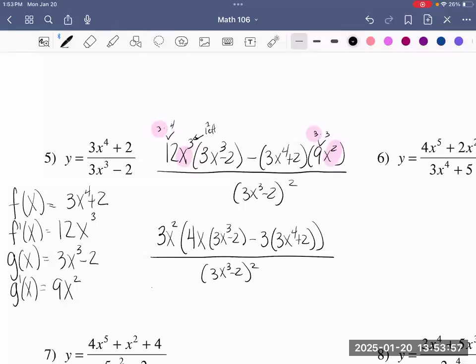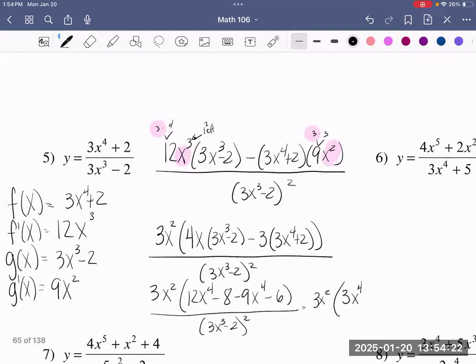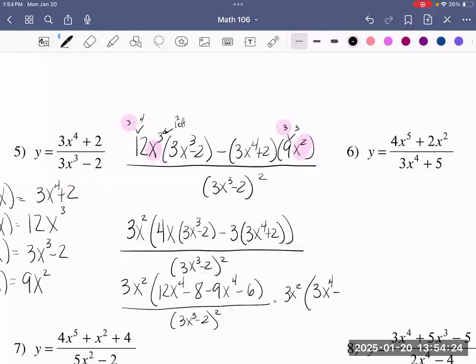So now let's go ahead and simplify one more time from the inside. One more time simplifying. So we are left with 3x to the 4th, let's see, minus 14.